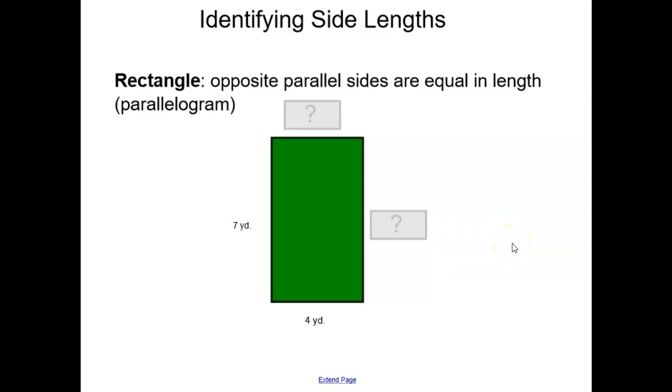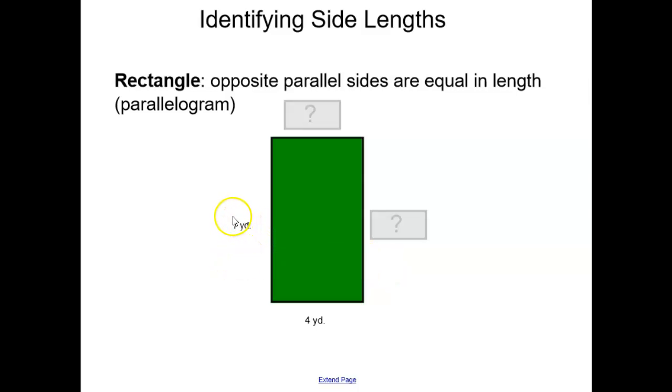Pause the video and say out loud why rectangles are parallelograms. Were you able to say that rectangles are parallelograms because they have 2 pairs of parallel sides? This is very important because I know that since rectangles are parallelograms, their opposite parallel sides are equal in length.